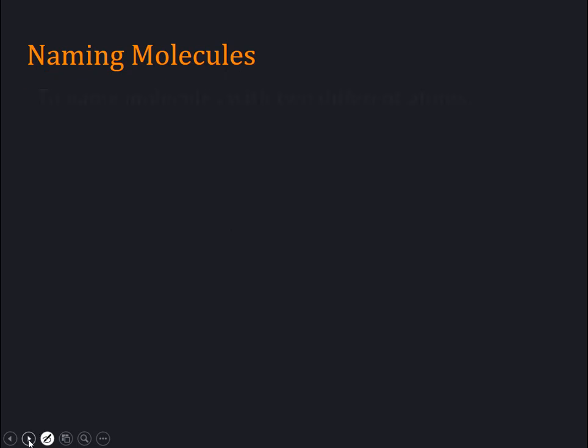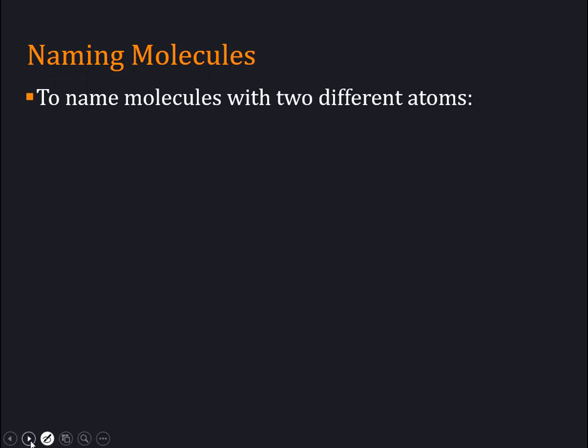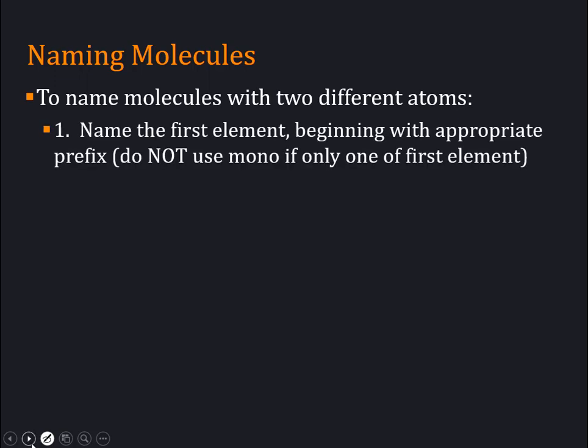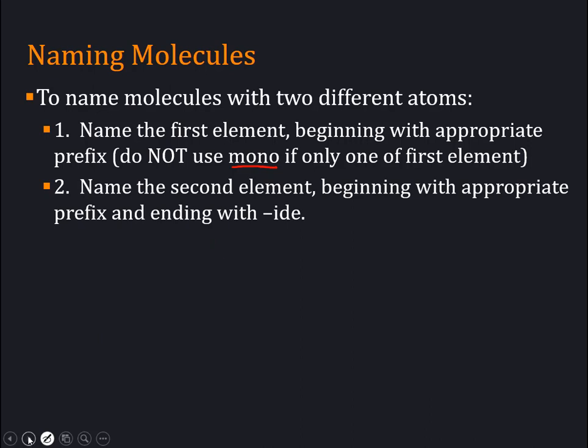Molecules have some naming rules. If we have two different atoms, and again, that's all we're going to look at is binary compounds, then you name the first element with the appropriate prefix. I'll look at those in a minute. However, we don't use mono on the first one. If there's only one of the first element, we don't use mono. And then you use a prefix on the second element, and then you change the ending to ide.